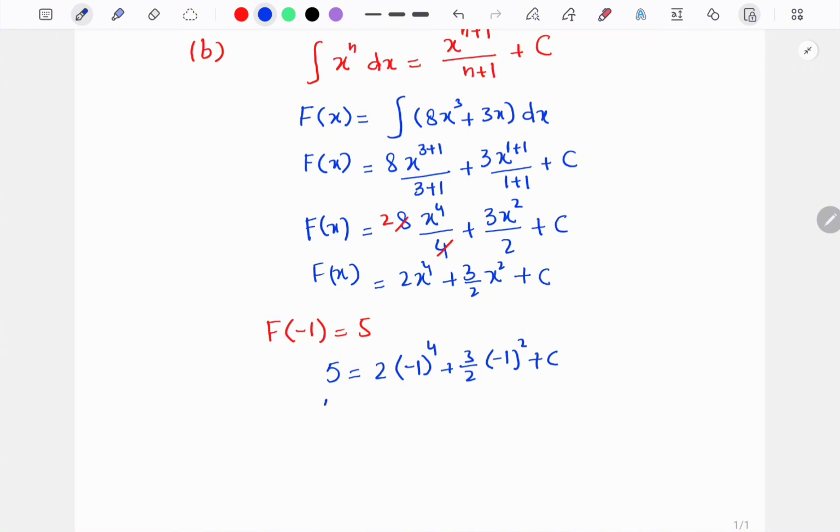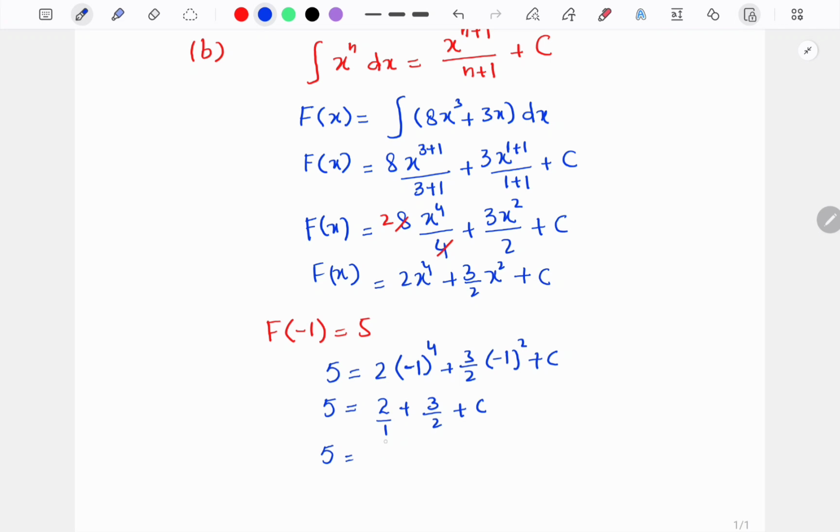Now it is going to give us 5 is equal to, since minus 1's power 4 becomes plus 1, 2, plus minus 1 squared becomes 1, so we will get 3 over 2 plus c. Now it is equal to 5, and here it is 2 over 1.